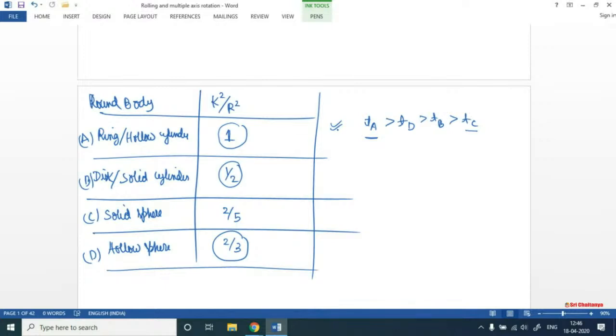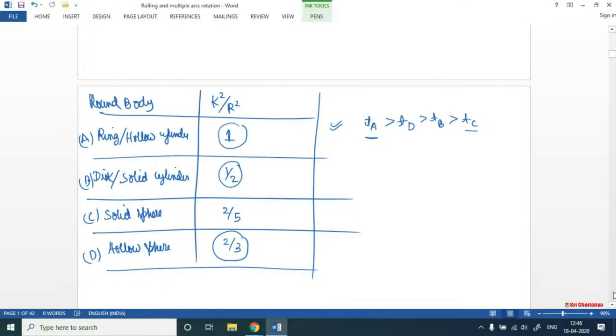The acceleration of its center of mass will simply be g sine theta. So the time taken by all these bodies, since their acceleration of center of mass down the incline would be g sine theta in all cases, will be the same. So this is one typical problem.